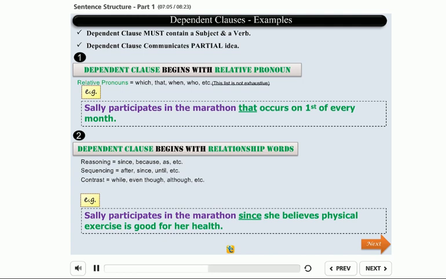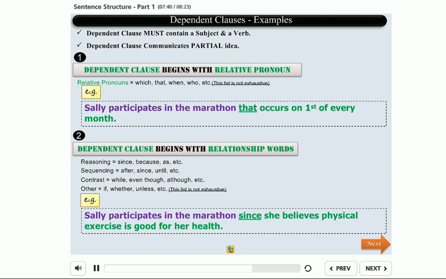Words such as although, while express contrast. There are certain other words like if, whether, unless that also mark the beginning of a dependent clause. Once again, this list is not exhaustive. These words are just a few of the subordinating conjunctions. In a sense, words like these begin the dependent clause that expresses a subordinate idea, an idea that is not at the same level as the main clause.